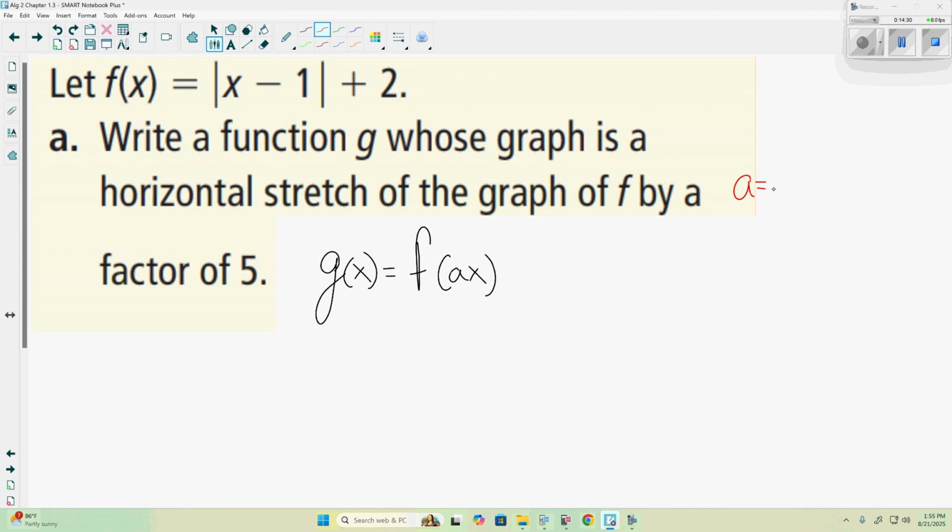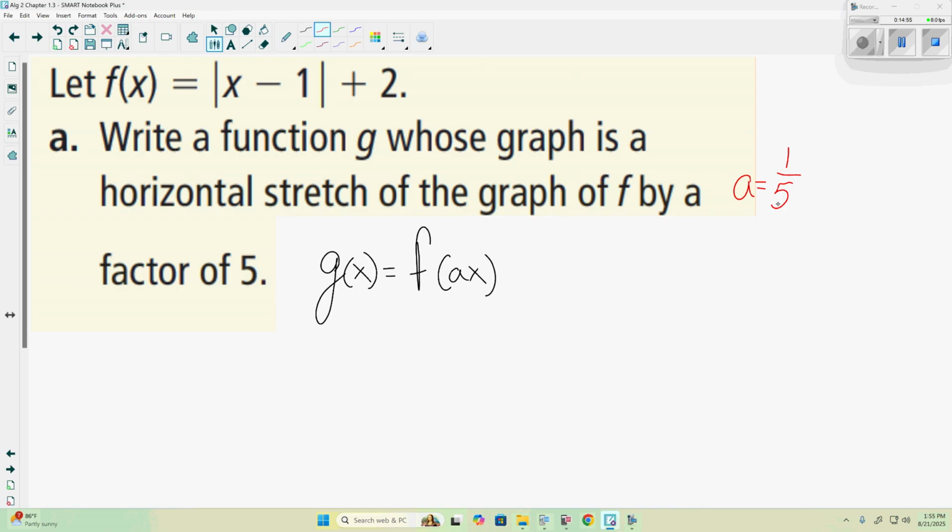Our value of a would not be 5, it's going to be what? 1 over 5, 1 over that amount. Now that works out nicely for us here because 1 over 5 is 1/5. We flipped it. We don't have to simplify, we don't have a fraction and a fraction, so we're good.